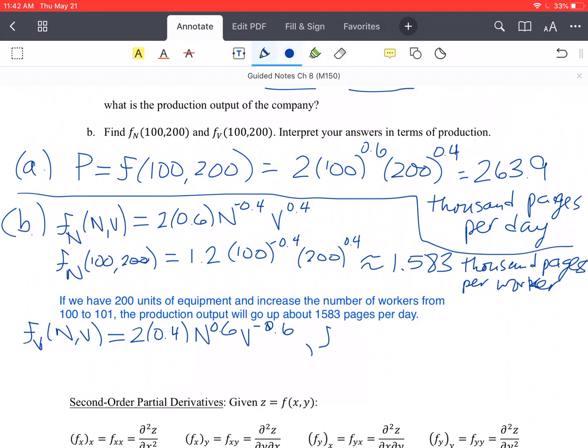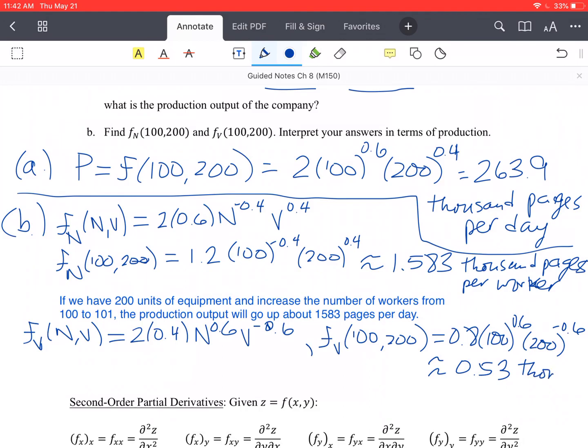Alright, so f_v at our point in question, 100, 200, is going to be 0.8 times 100 to the 0.6 times 200 to the negative 0.6, which is approximately 0.53 thousand pages per unit of equipment.